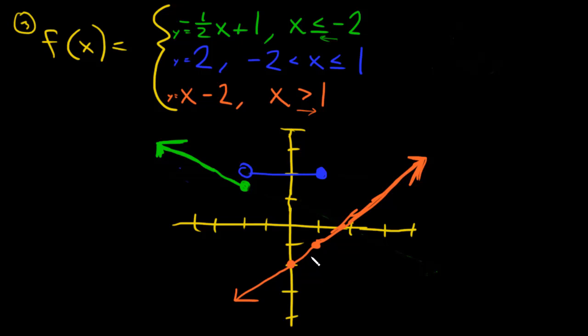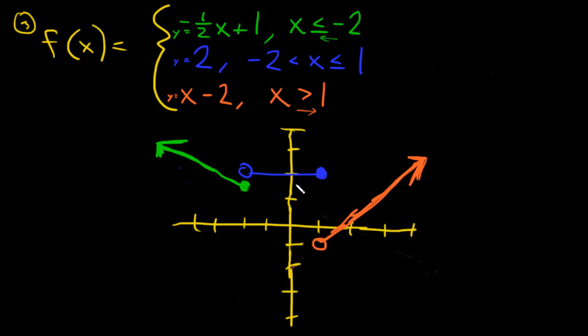And none of the others, so I'm going to erase all the others, like so. Let me redo that so it's not quite so bad looking. And now, it does not include x equals 1, so I can't include this point, which means I have to put an open circle right there. And there we have it.